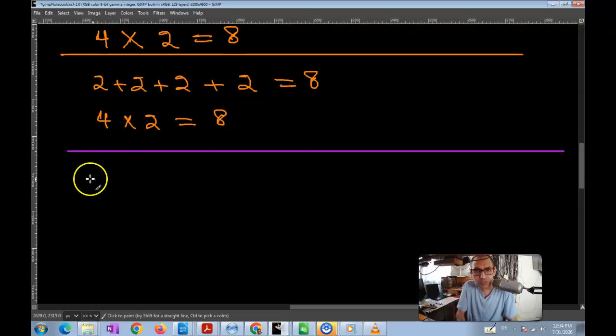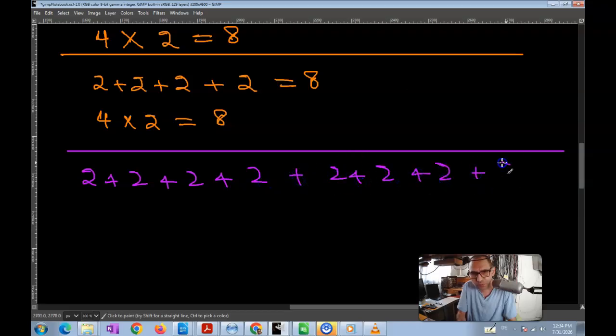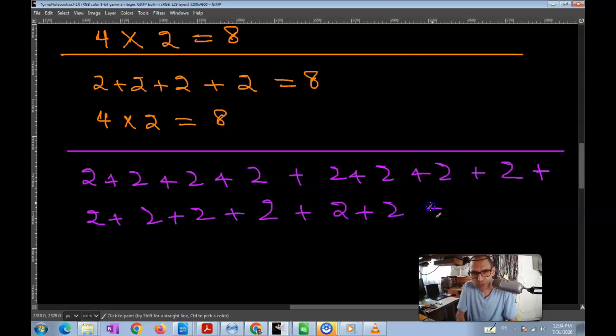Now let's write it as 16 times just to see what happens. 2 plus 2 plus 2 plus 2 plus 2 plus 2 plus 2 plus 2, that's 8 times, plus 2 plus 2 plus 2 plus 2, that's 12 times, and 2 plus 2 plus 2 plus 2, that's 16 times.